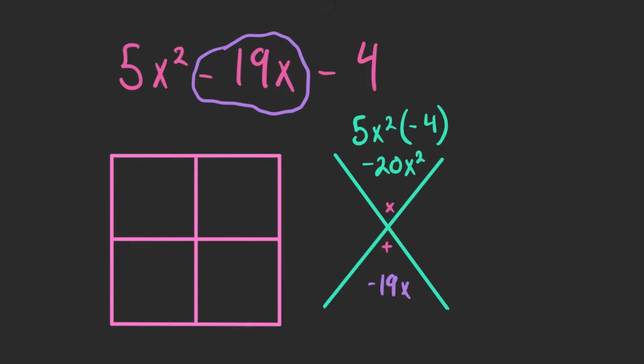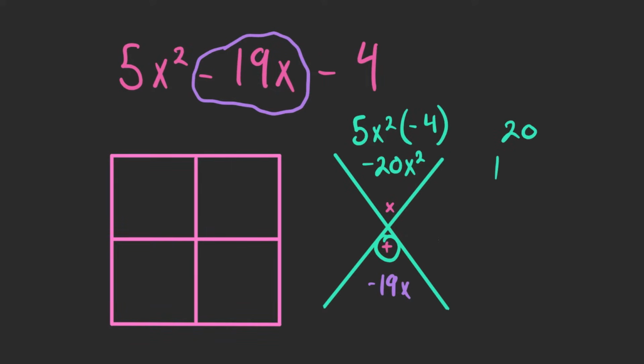Now I want to see if I can find two numbers that will multiply to give me this negative 20, and at the same time add to give me this negative 19. So let's write out some factors of 20 off to the side here. What times what will give me 20?